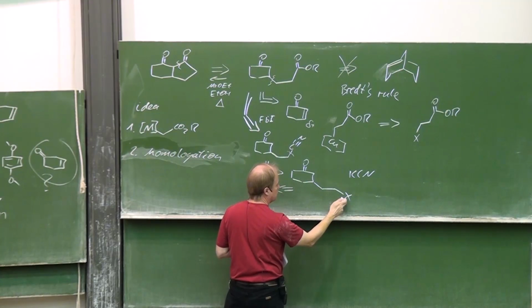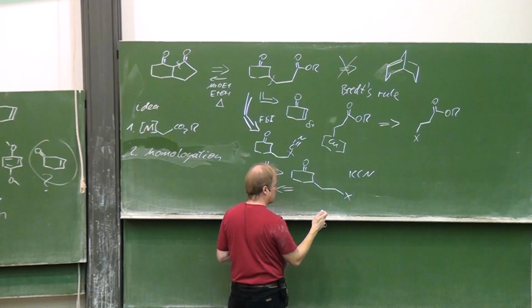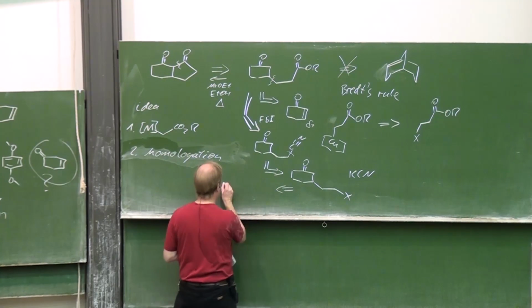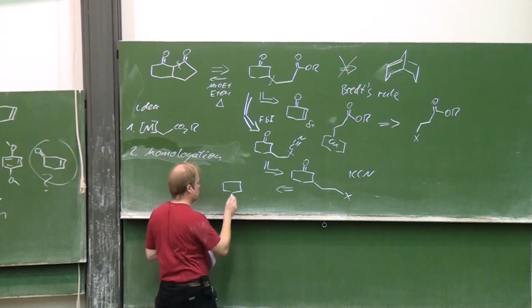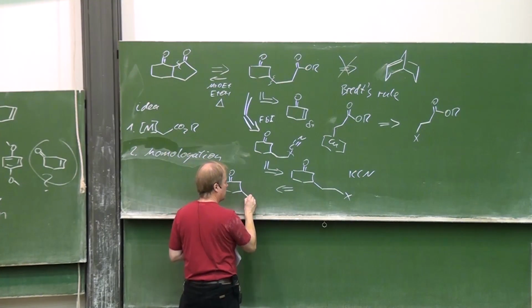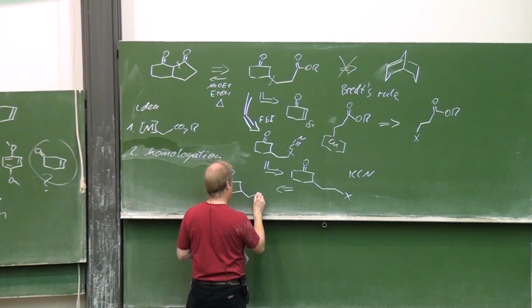That leaving group might derive from an alcohol, which then could derive by reduction from an ester.